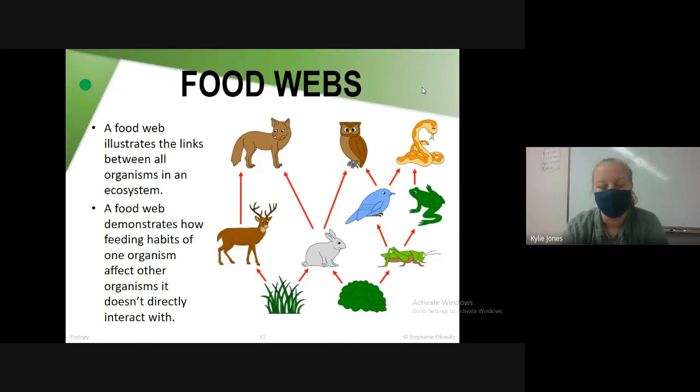Then you've got the deer that eats the grass. The rabbit will eat both the grass and the bush. The cricket will eat just the bush. And then different things eat the rabbit, and different things eat the cricket. So the arrows still show where the energy is going, but they also show what eats what, right? So if you look at the snake, what does the snake eat?